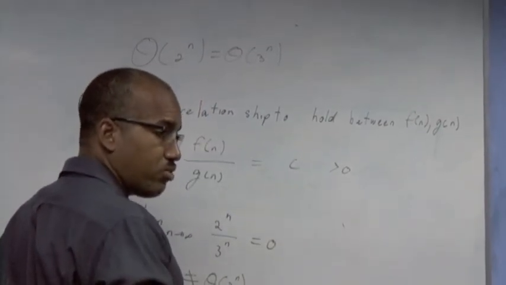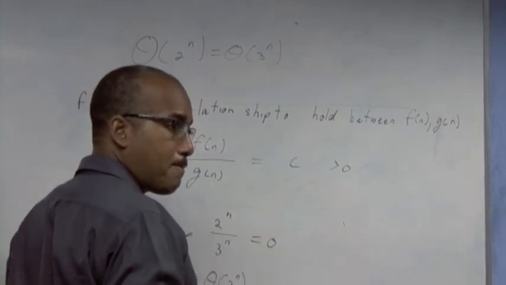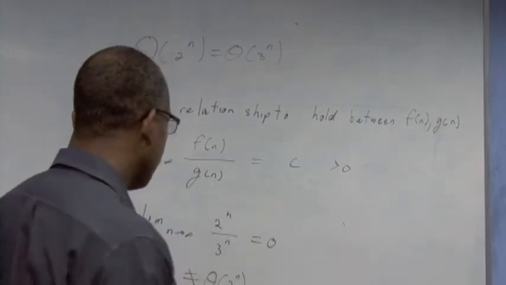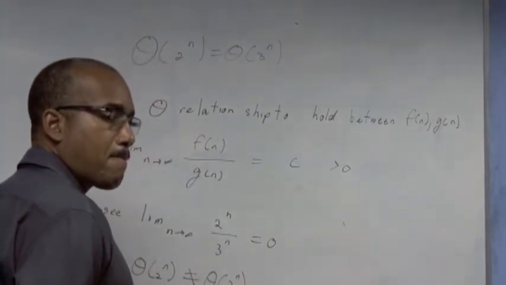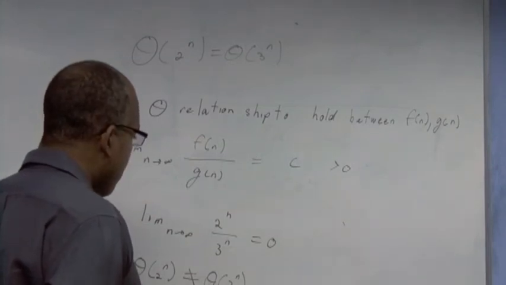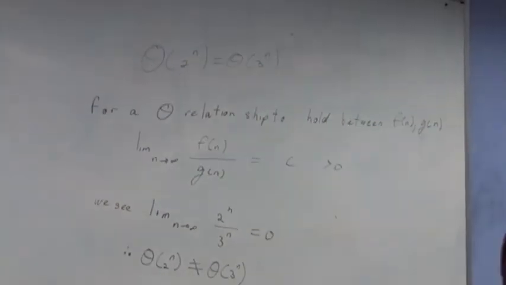So 3 to the n is in omega of 2 to the n. Alright? Alright, next one.